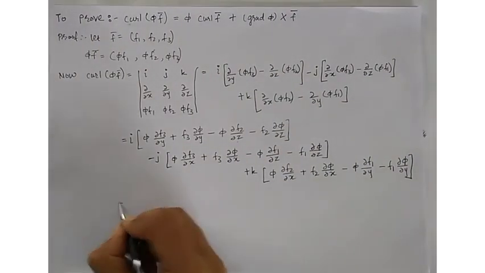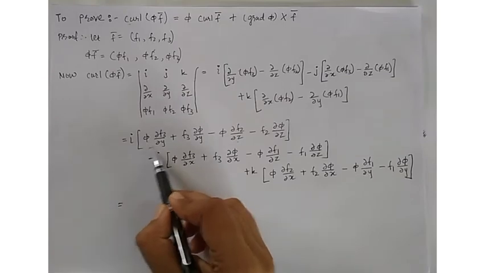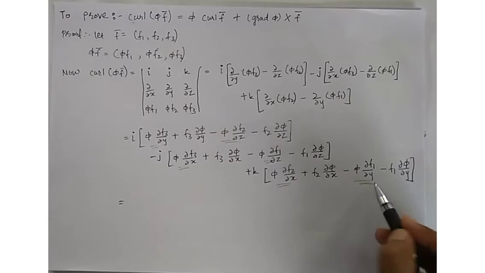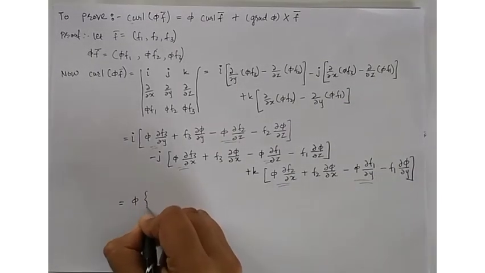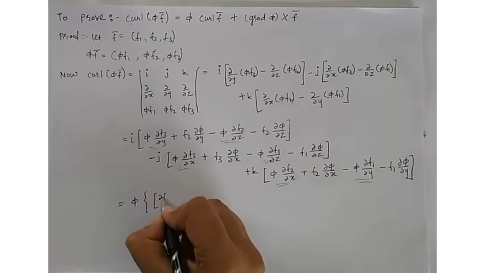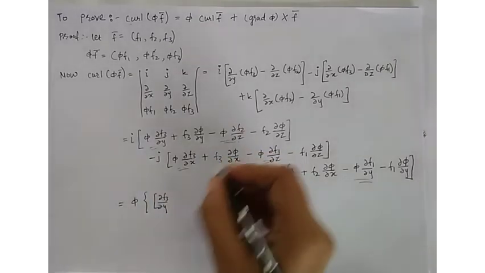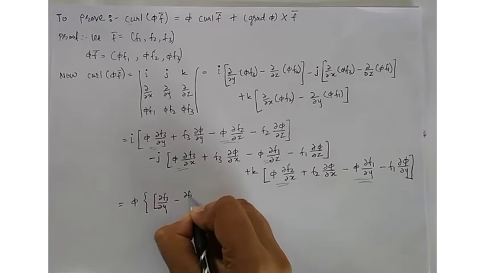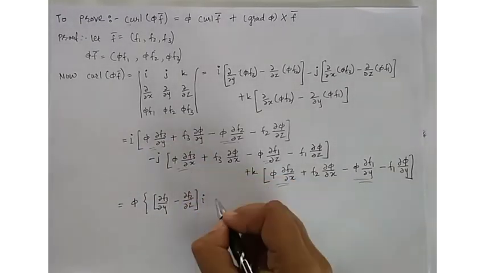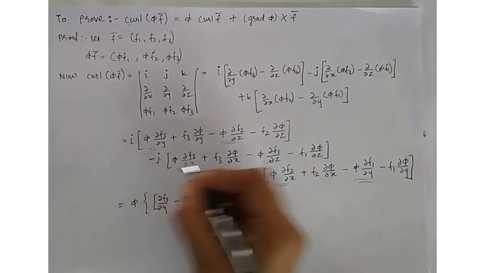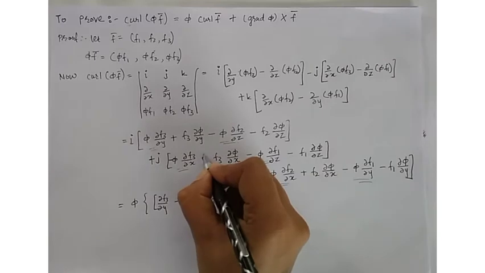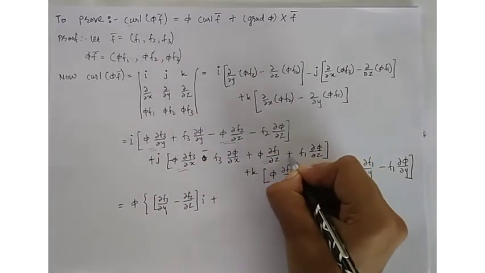Next we are going to take φ common from these terms. So φ of del f3 by del y minus del f2 by del z, taking i common, plus, if I apply this minus here, it becomes plus, minus minus plus, and plus.